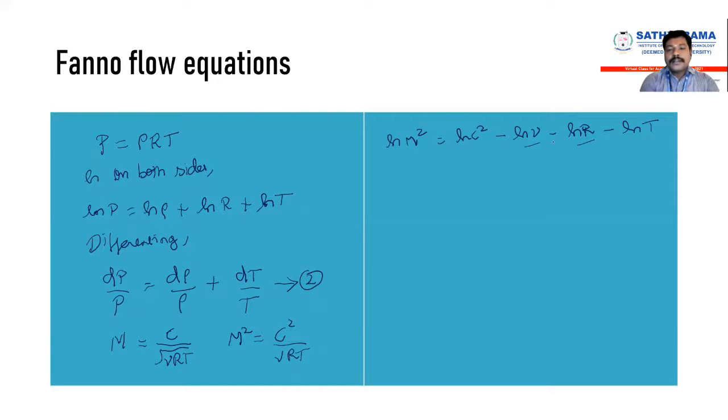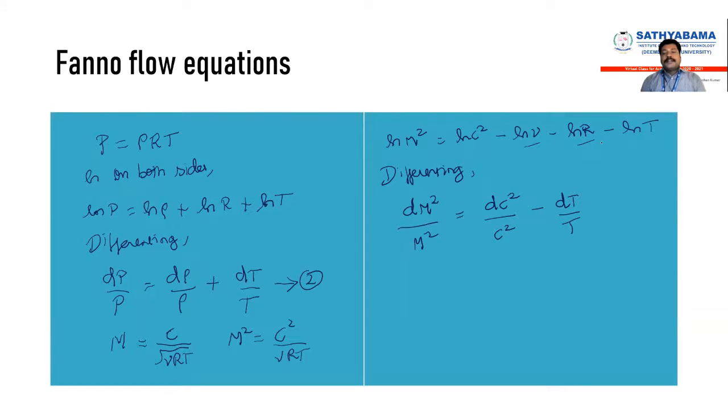So what happens on differentiating? What you get: dM square by M square, and then dC square by C square, and then minus dT by T. Since those two terms are constant, on differentiating you get 0, so we differentiate only the varying terms. On differentiating we get this equation.